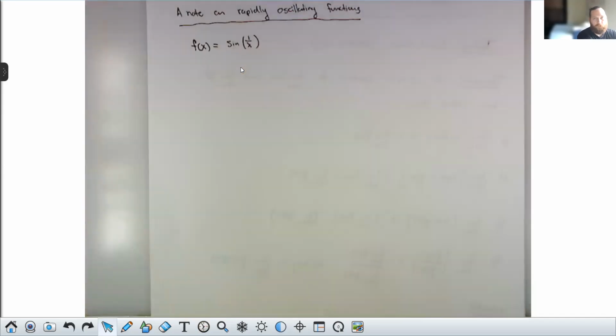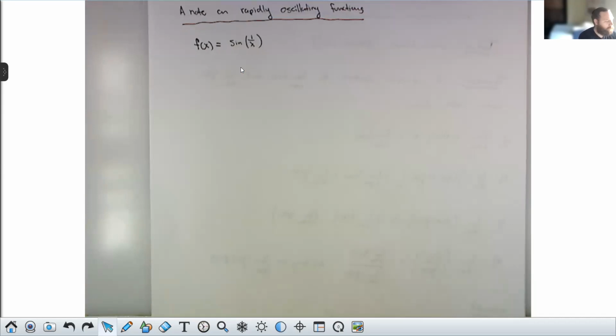All right, it is possible. Let me look at the example here. f of x equals the sine of 1 over x. It is possible that a limit fails to exist for a reason other than having left and right limits not being equal to each other.